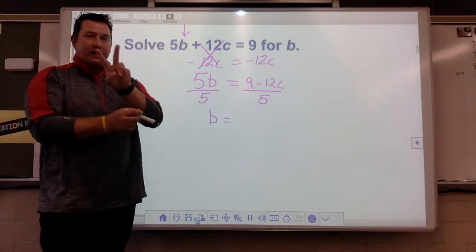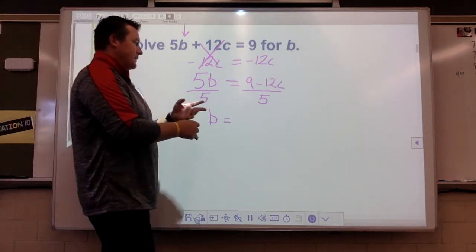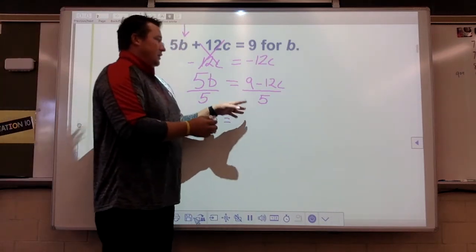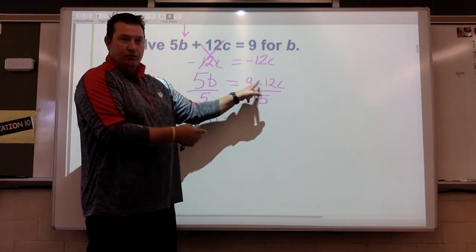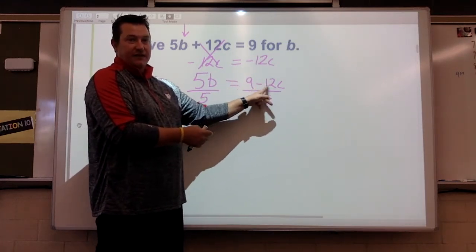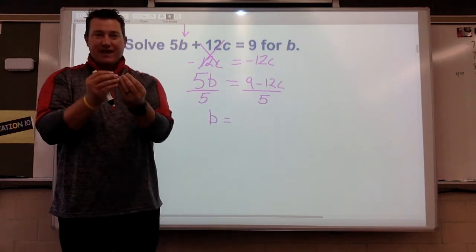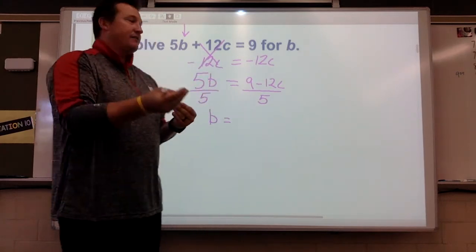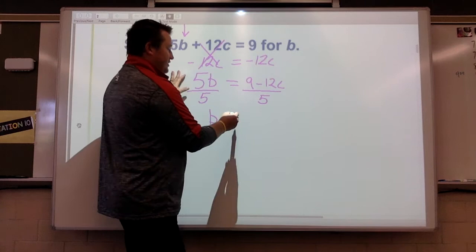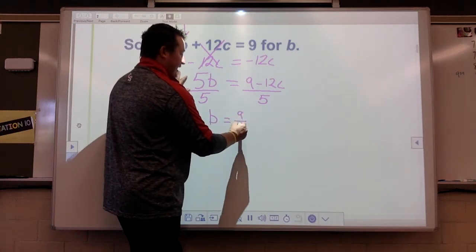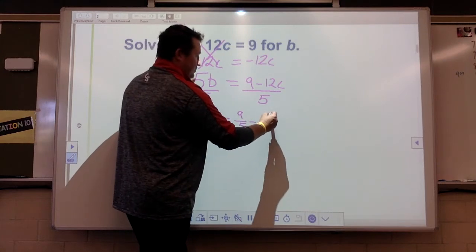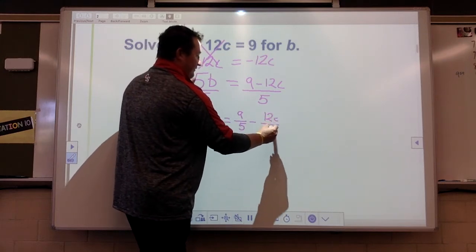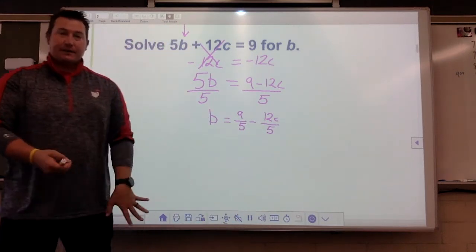Well, we can show this two ways, right? The first way is, if we think about this, each term in this expression, 9 and this negative 12c, both of them are being divided by 5. So if we would like to write it, guys, as 9 divided by 5, or 9/5, minus 12c divided by 5, this is perfectly fine, okay?